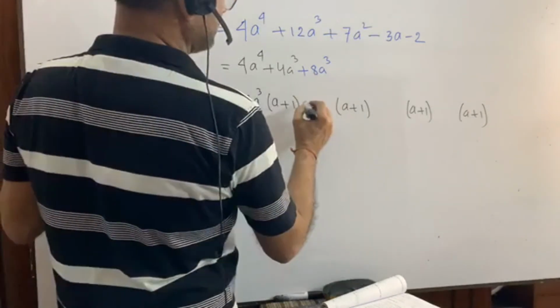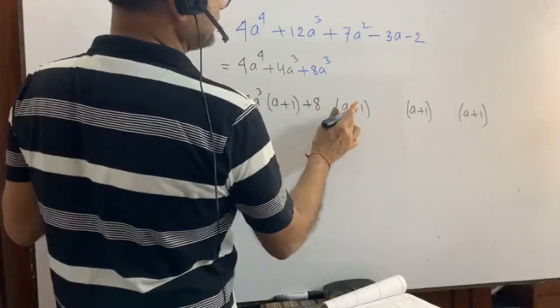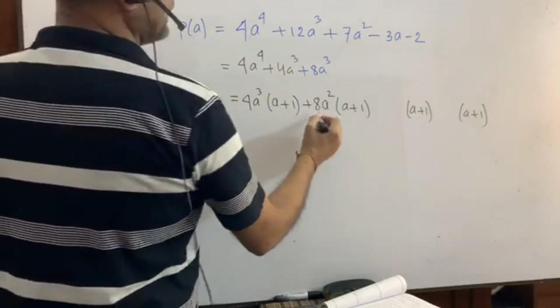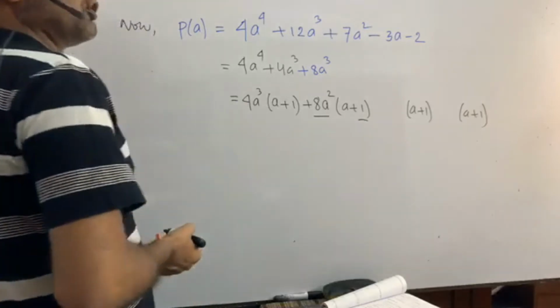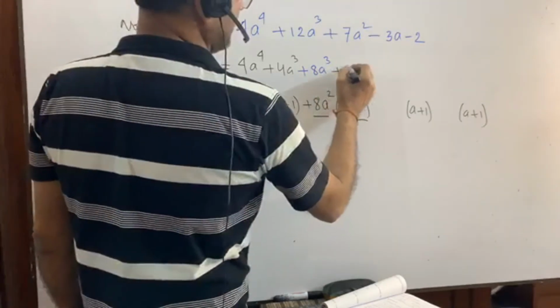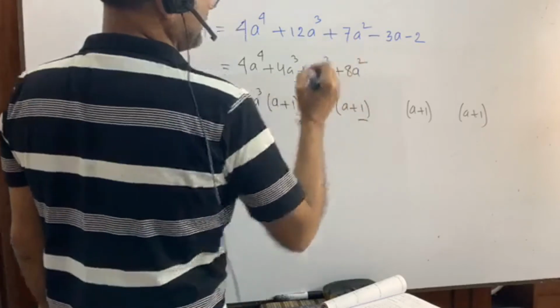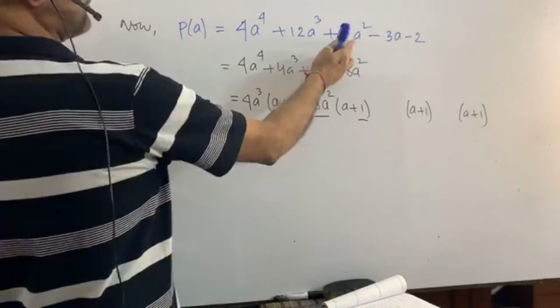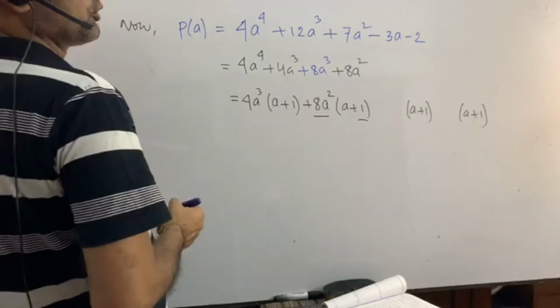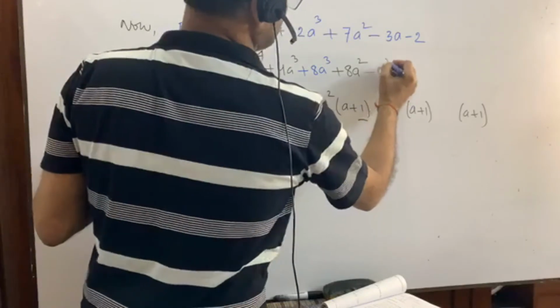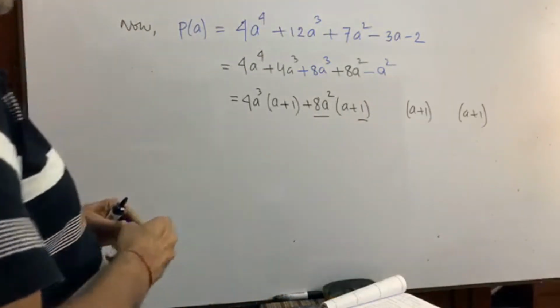Now it is plus 8a square. Now you multiply it. 8a square into 1 equals to 8a square. But you see, we don't have 8a square here. We have 7a square. So what is to be done? I have to subtract a square from 8a square, right?